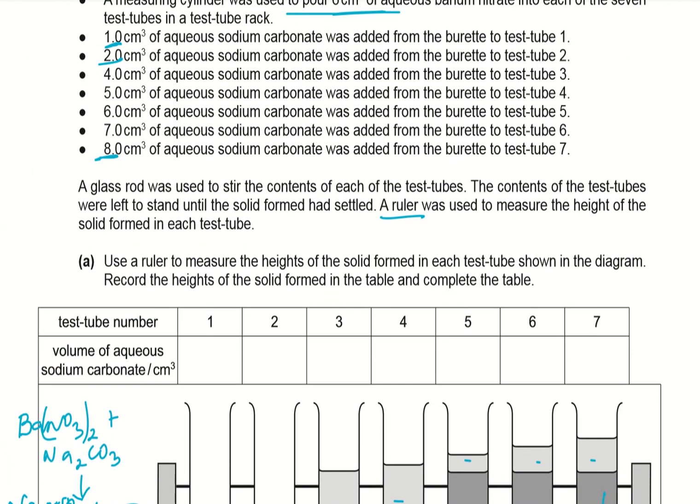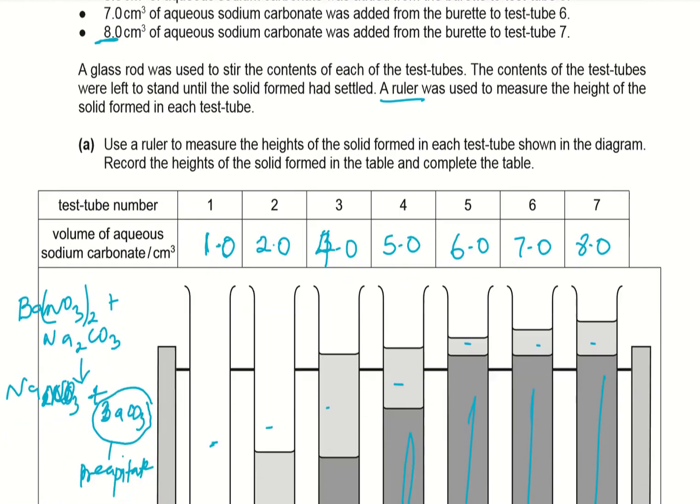For the first column, the volume of aqueous sodium carbonate, you just need to pick it from here. We have 1.0, the next one is 2.0, the third one is 4.0, then we have 5.0, then 6.0, 7.0, and 8.0. That's the volume of sodium carbonate in cm cube added.